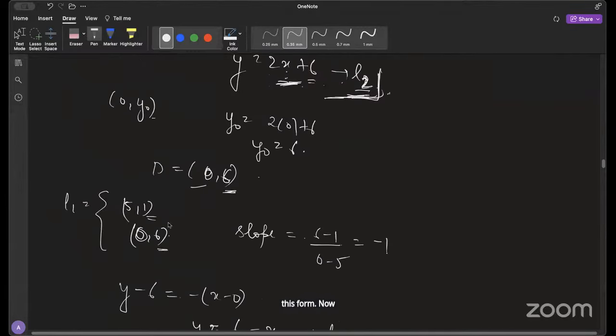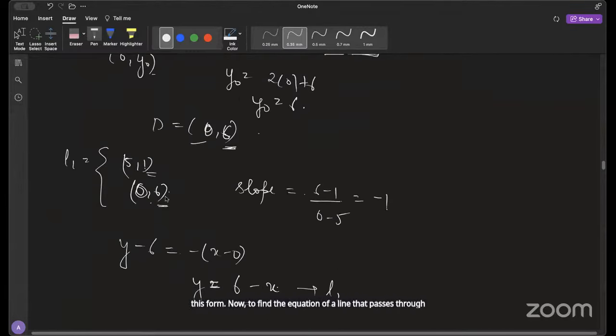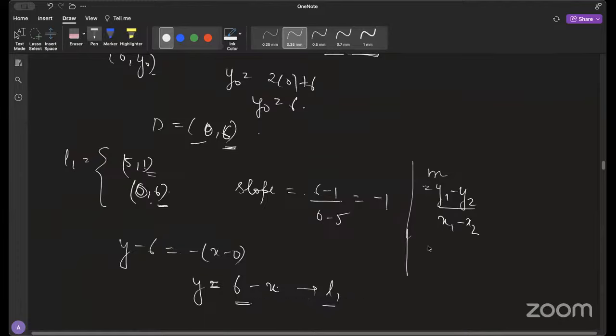Now to find the equation of a line that passes through 2 points, you first find the slope. Slope we know is y1 minus y2 by x1 minus x2. And then you take any point. Let's just take x1, y1.